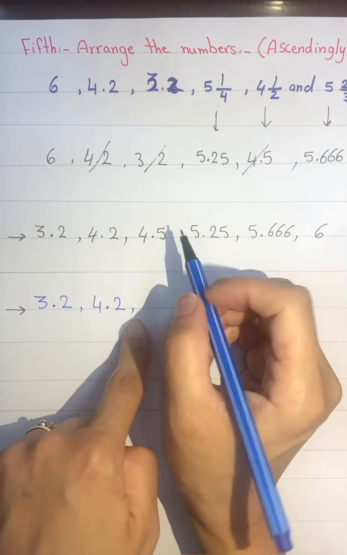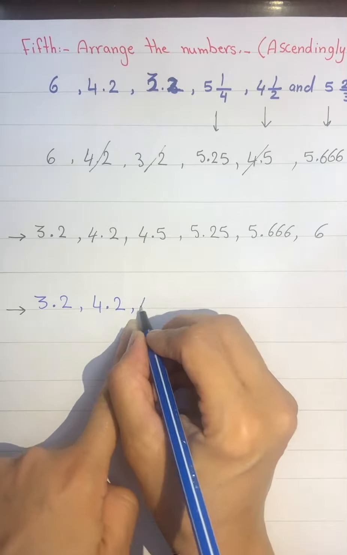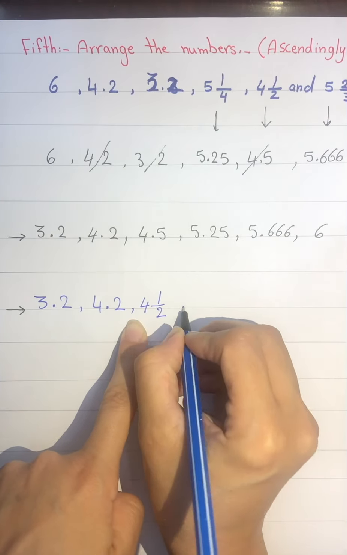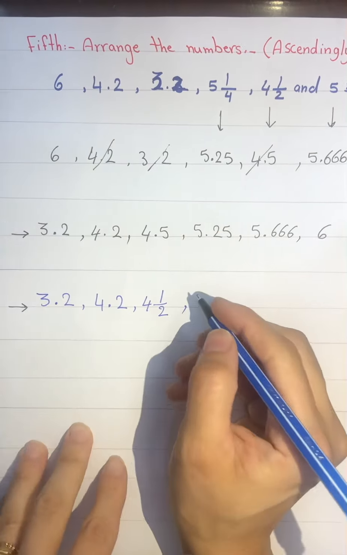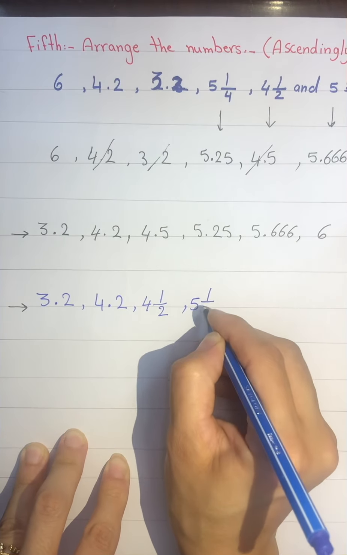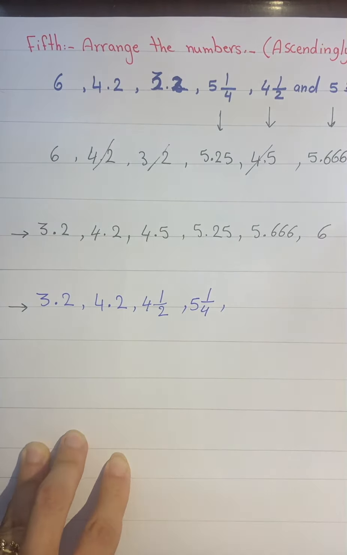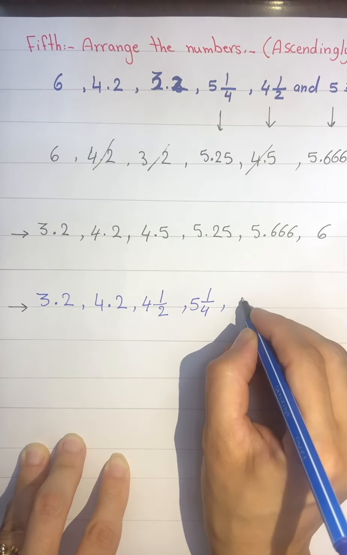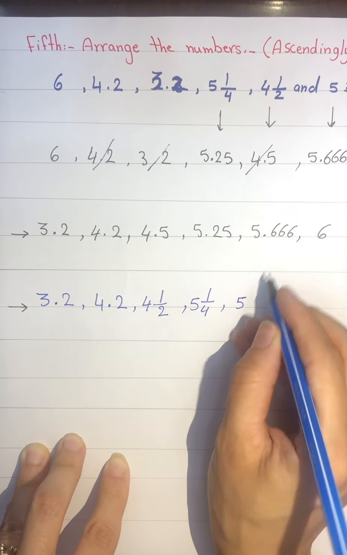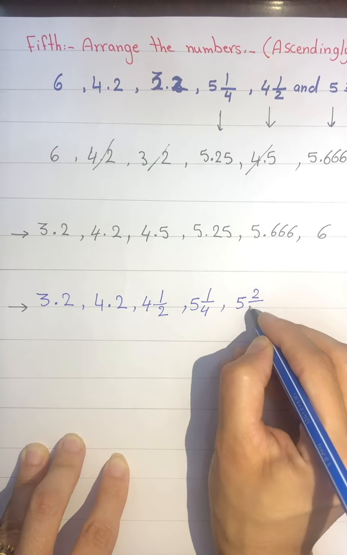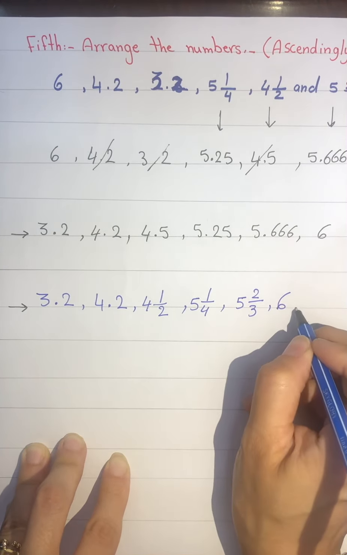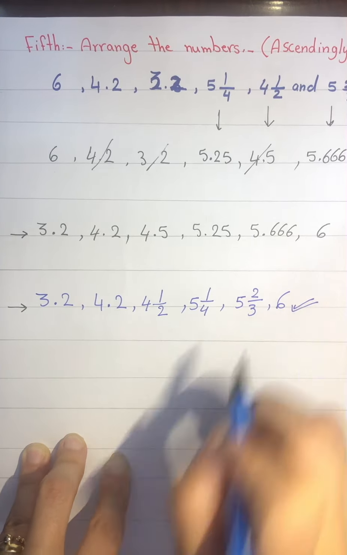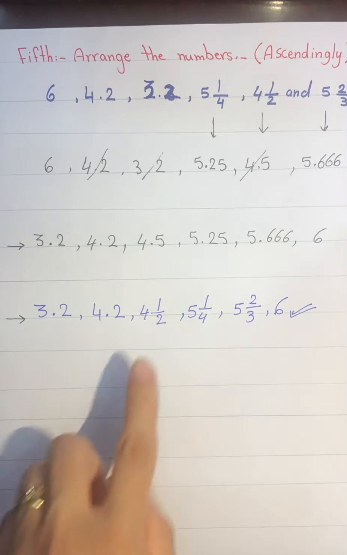We must change it as in the question. 4.5 means 4½. 5.25 means 5 1/4. We must change as in the question. 5.666 means 5 2/3. The last one, 6. We must write the answer as this one.